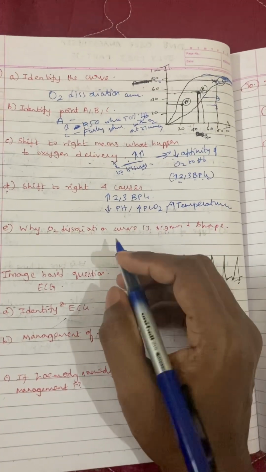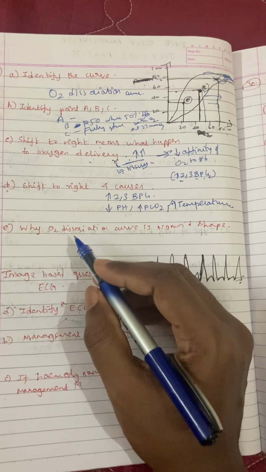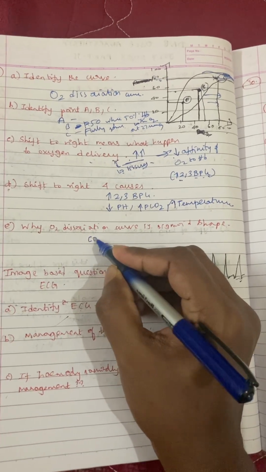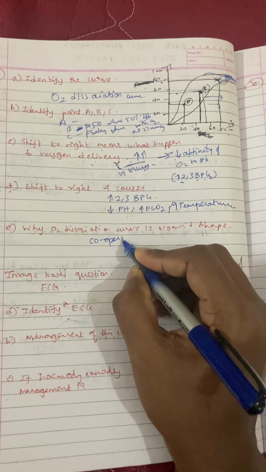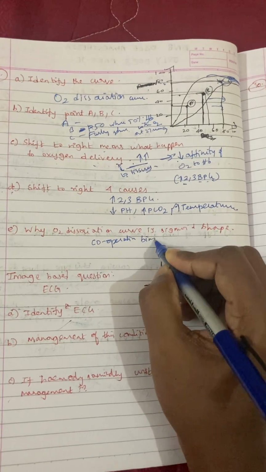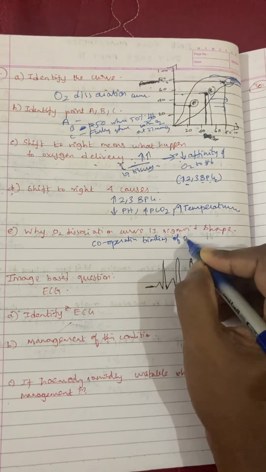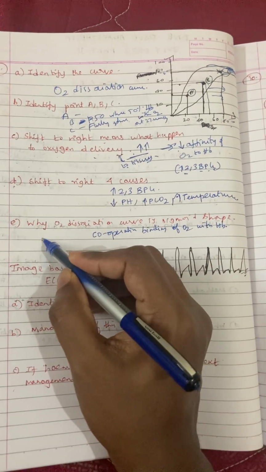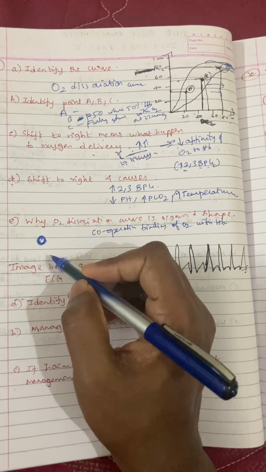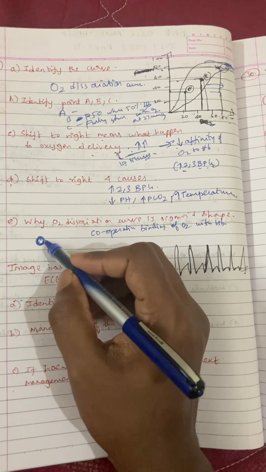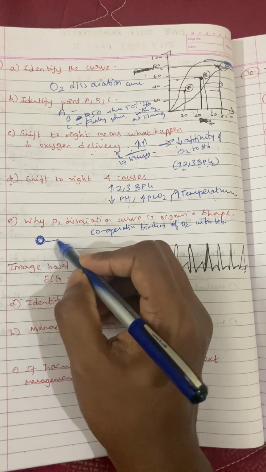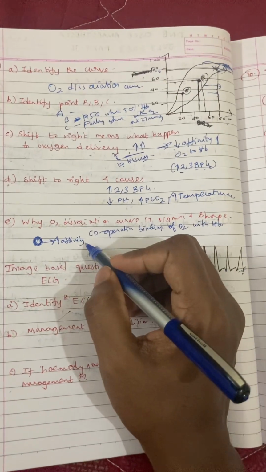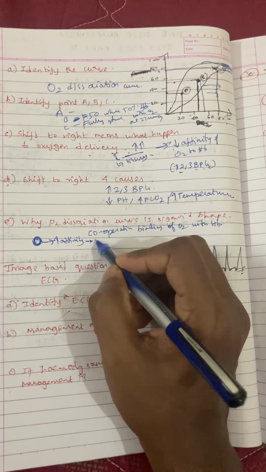That's fine. Okay. Next question, why is the O2 dissociation curve sigmoid in shape? This is sigmoid in shape because of the cooperative binding of oxygen with hemoglobin. So what is cooperative binding? When one molecule of oxygen binds with the hemoglobin, it increases the affinity of the further molecules to bind with oxygen.